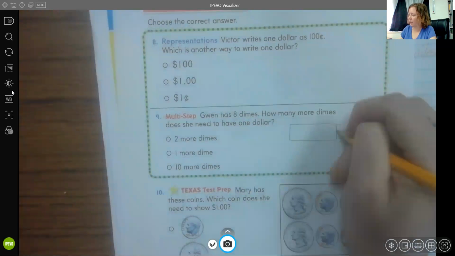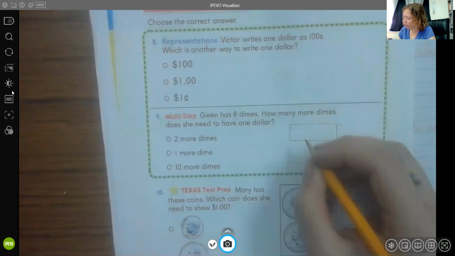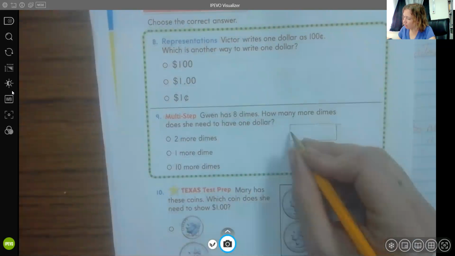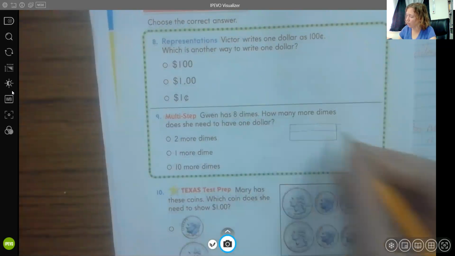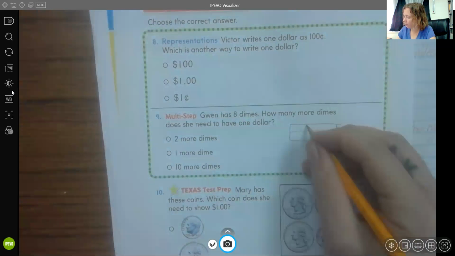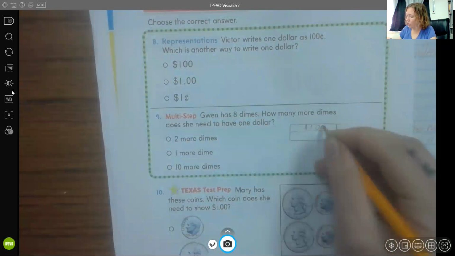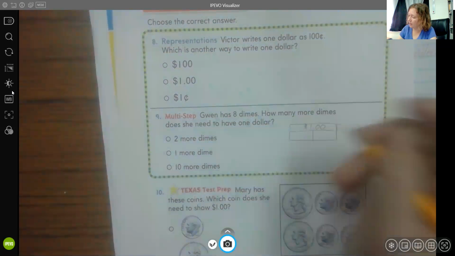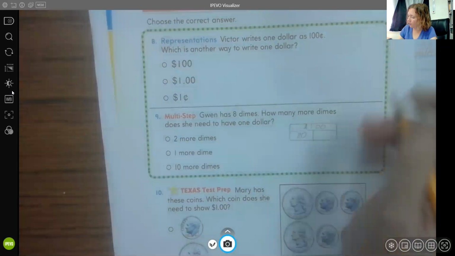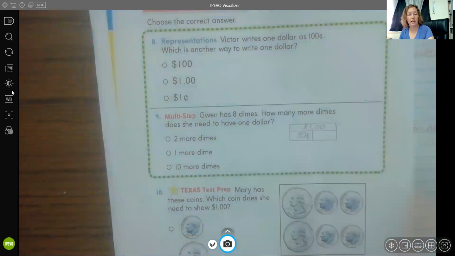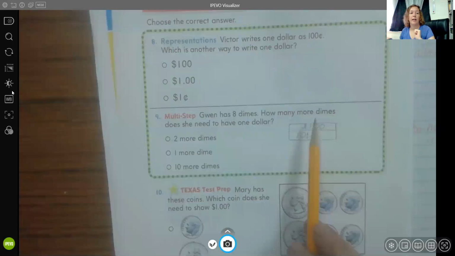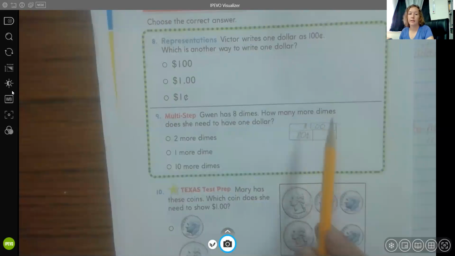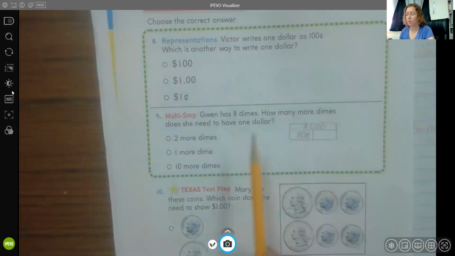We use strip diagrams, and we know the total, which is $1. We know that she has 8 dimes, right? Which is 80 cents. Because a dime is worth 10. And if I had 8 tens, that's 80. So I have 80 cents, and I don't know this part.